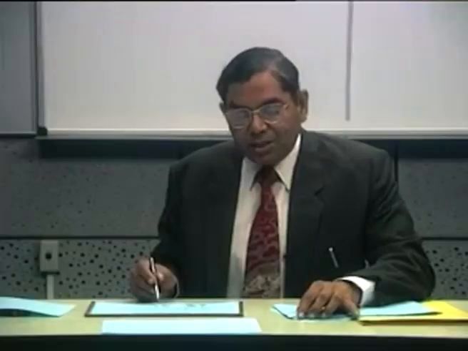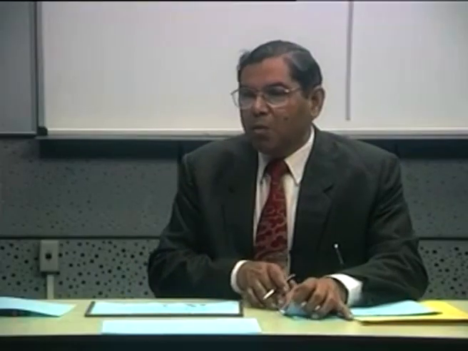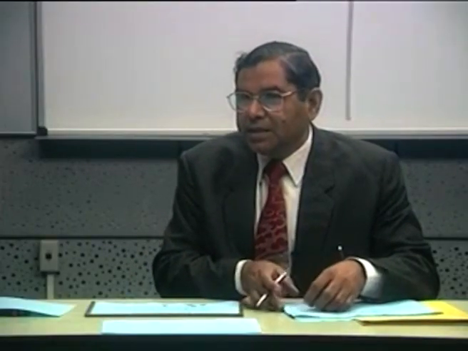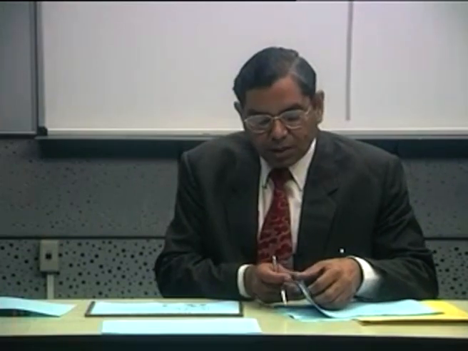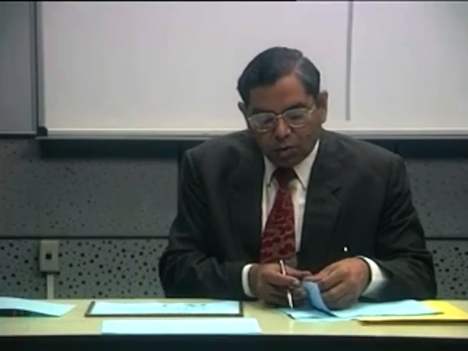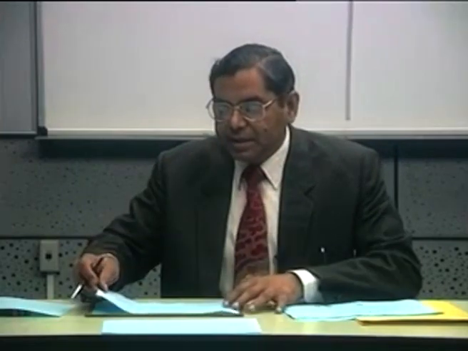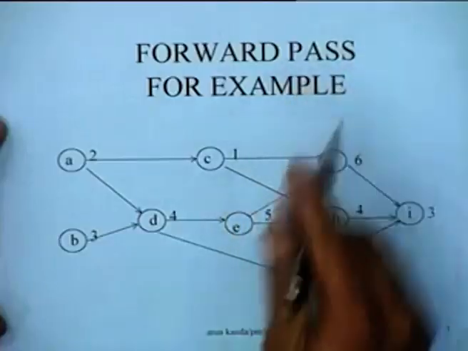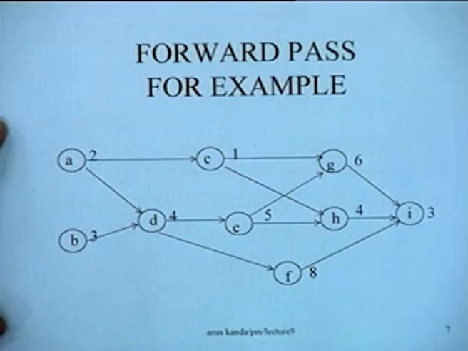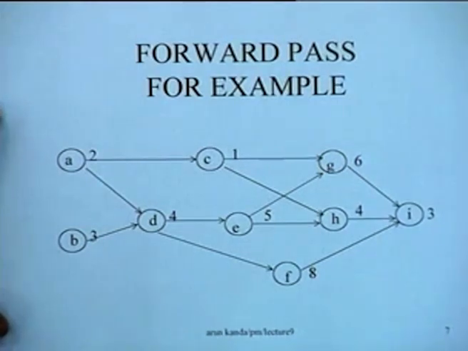Now just to illustrate this procedure, let us go back to our example and see how we would be doing a forward pass on the network. This is our network. Let us take, for instance, the initialization step for this particular example.